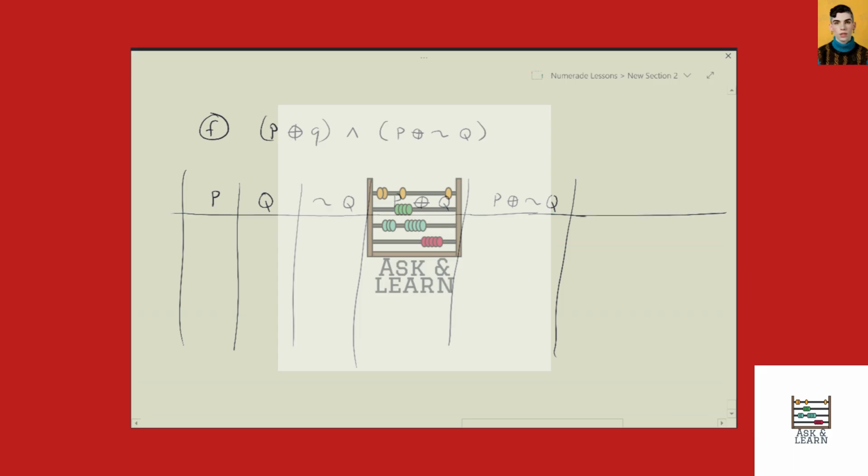And finally, we will need P or Q and P or the negation of Q. Okay. So this is what we will need.